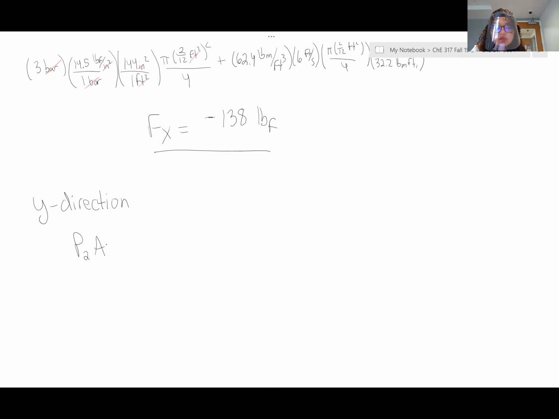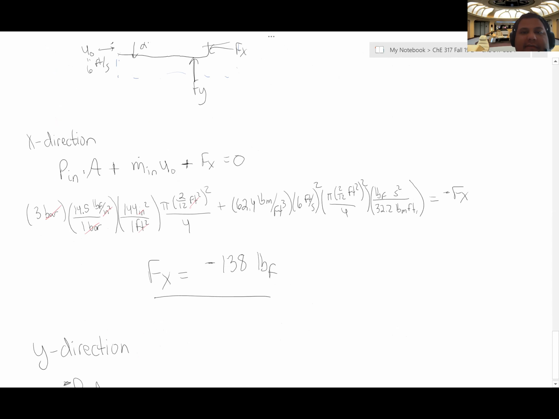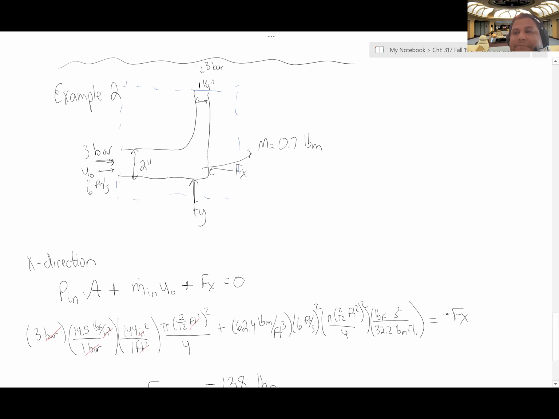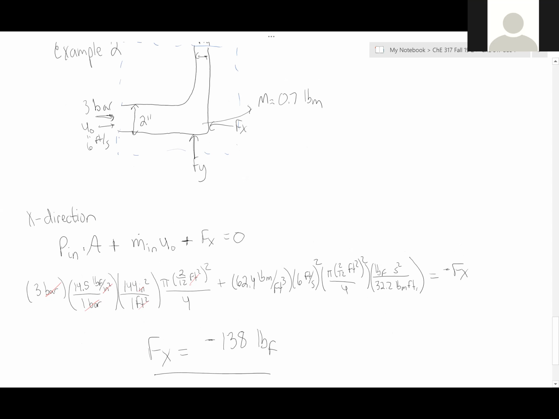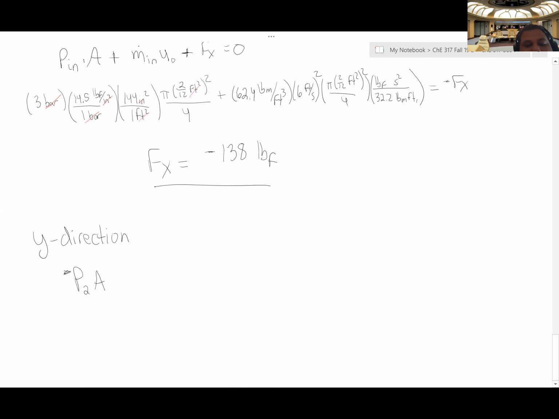Negative. It will be negative. What other forces do we have? Gravity. We have the force due to gravity, which is it going to be positive or negative? Should also be negative.